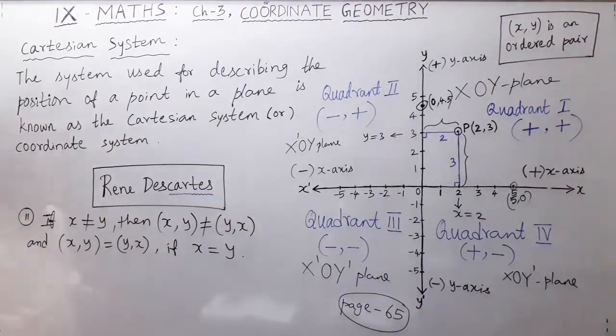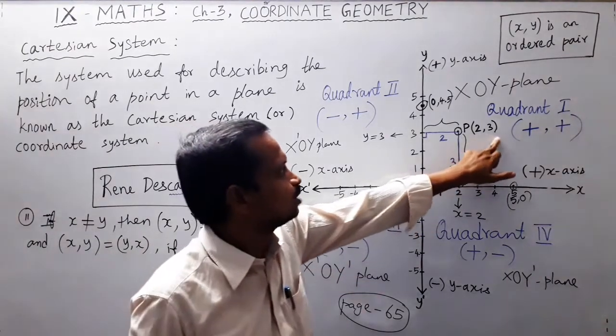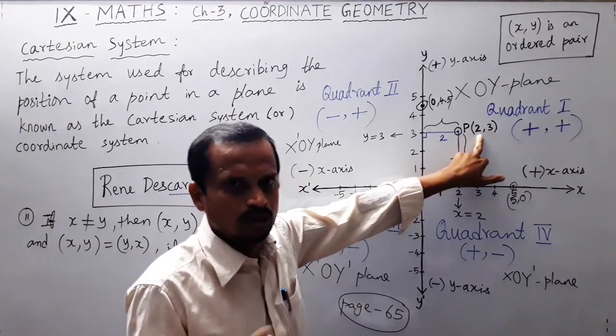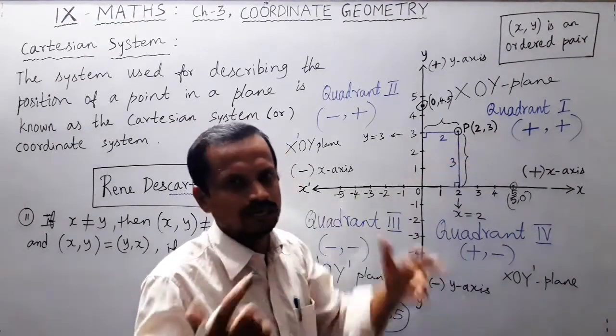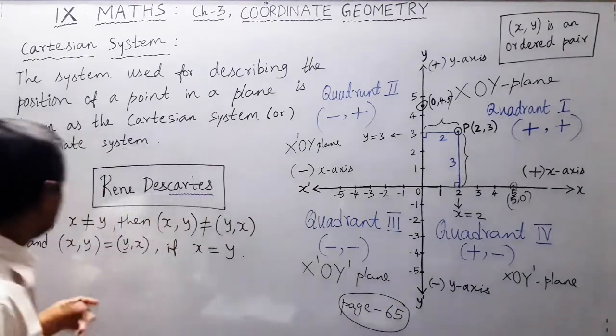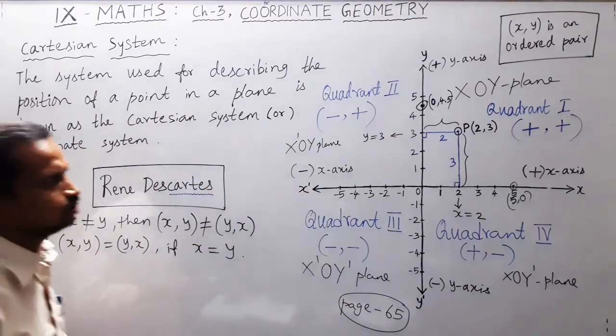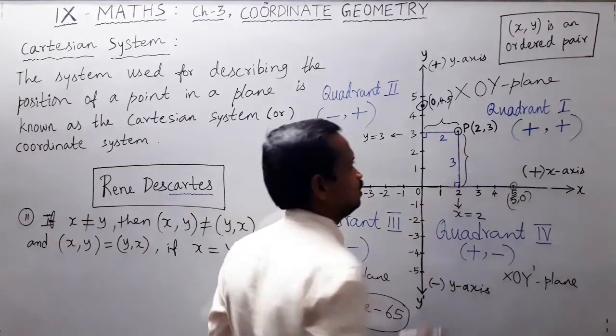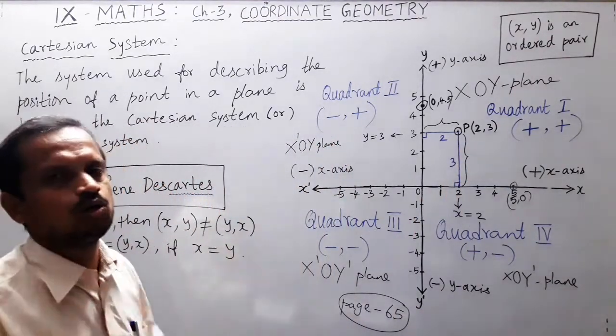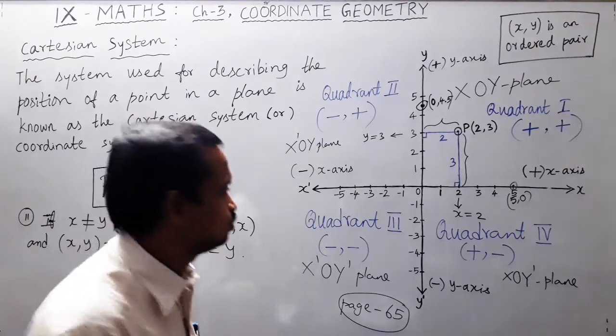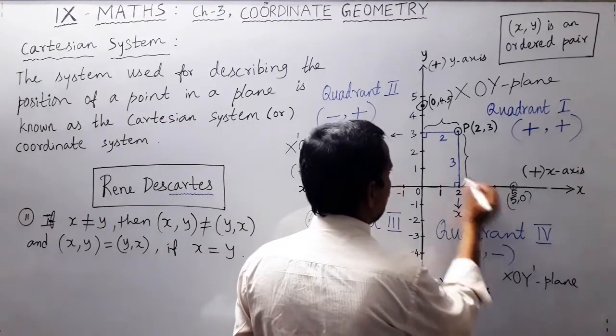Just we will see what the point says. x not equal to y. For example, you take this point 2 comma 3. So 2 and 3 are not equal. So we can say x not equal to y. Then x comma y is not equal to y comma x. Correct. You see, this is 2 comma 3. If you take 3 comma 2, that should be the point. 3 is here and 2 is here.